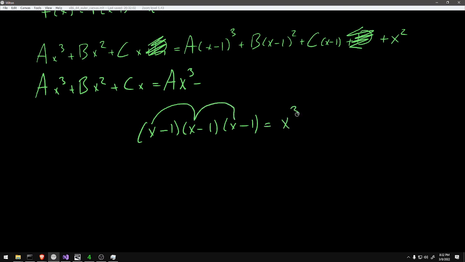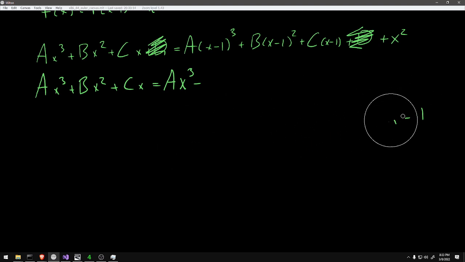That gives us an x cubed. Then what we do is we go, how many ways can I grab an x squared, right? Because I can grab this, this, and this. But I could also do that by grabbing this, this, and this, or by grabbing this, this, and this, right? So then you get minus 3x squared. And then if you grab 1 x, you're grabbing 2 negative ones at a time, so it becomes positive, but there are 3 ways to do that. So plus 3x, and then finally minus times minus times minus gives us a minus 1 at the end. So that's how that will expand, okay?